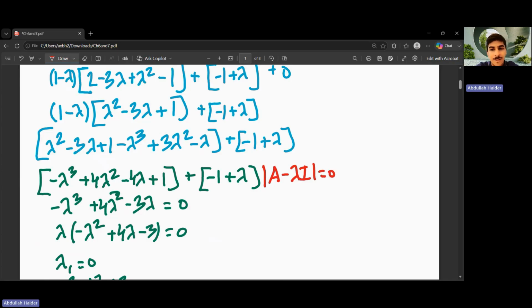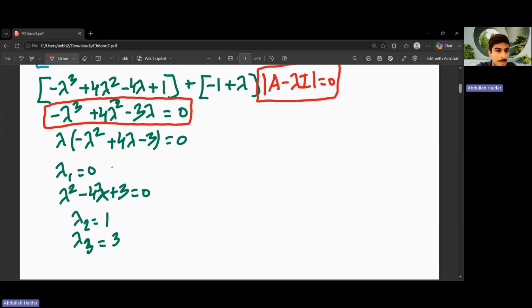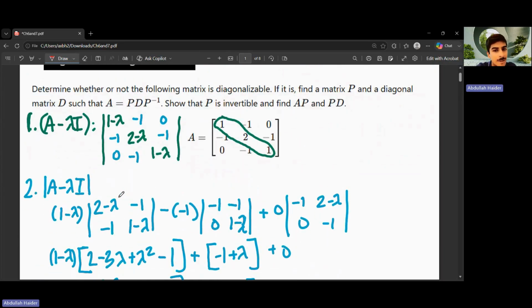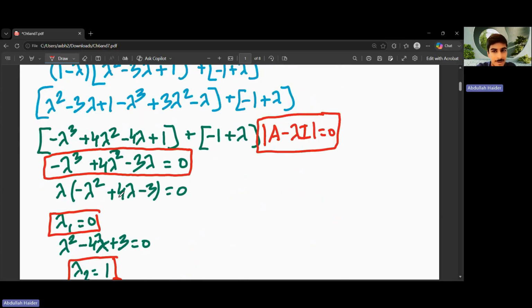This equation will allow you to find the eigenvalues. Means making this equation equals to 0 and then finding the eigenvalues. So here you get lambda 1 is equals to 0, lambda 2 is equals to 1, and lambda 3 is equals to 3. So now we have our eigenvalues, and now our next job is to find our eigenvectors.